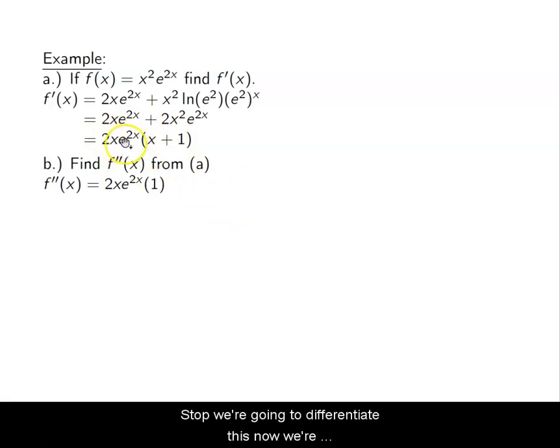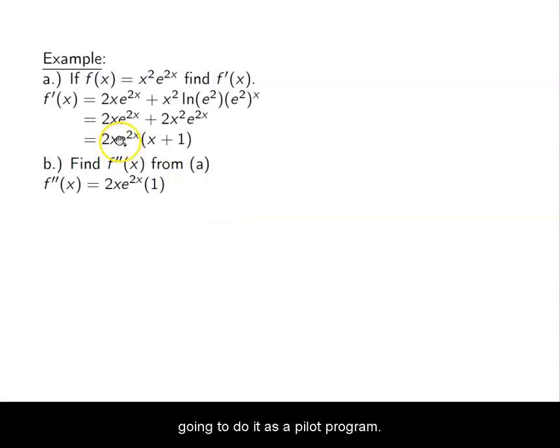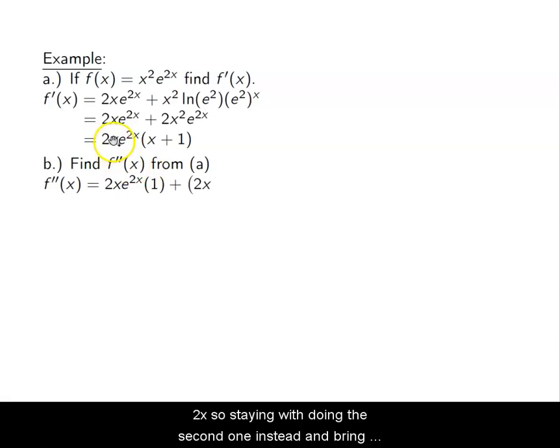So if we're going to differentiate this now, we're going to do it as the product rule again. So I'm going to add to that 2x. So staying with doing the second one instead and leaving the first one alone, keeping it consistent so I don't get confused as I go. I'll leave 2x alone and I'll differentiate e to the 2x.